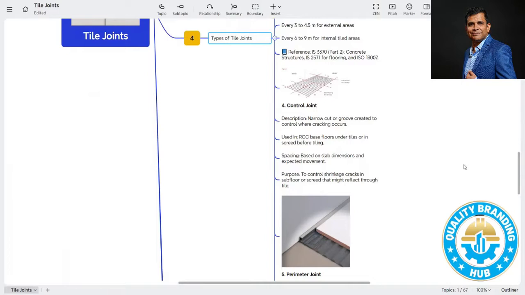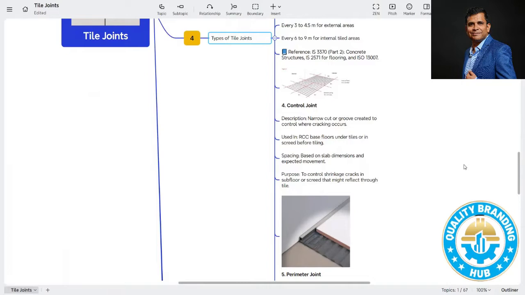Based on the slab dimension and expected movement, the structural designer will give the location of the control joint, and according to the structural engineer's requirement, we need to provide the control joint at the slab. This will also help prevent cracks in the tiles, pop-ups, or heaving. That is also important.